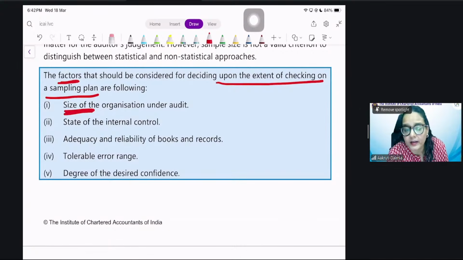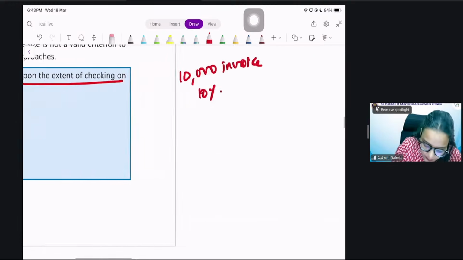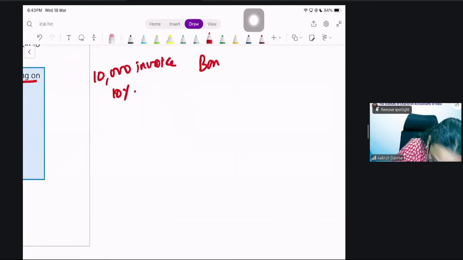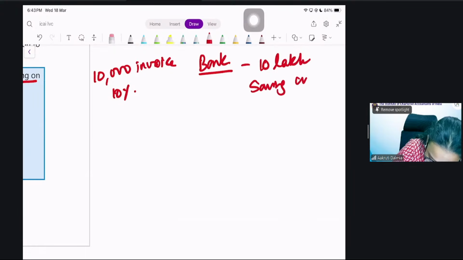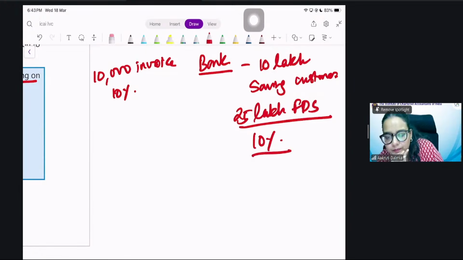So if the entity is like a bank, so if I am checking a company which has 10,000 invoices and I'm doing 10% sampling, but if I'm checking a bank that has, let's say, 10 lakh savings customers, that has 25 lakh FDs, do you think the same 10% filter I can apply here?